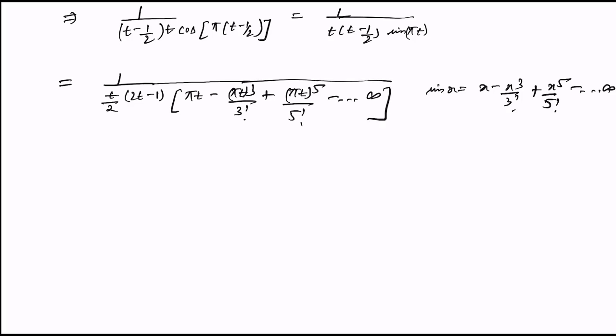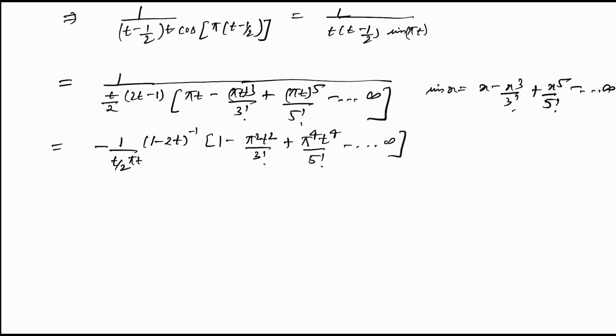Now we'll write it as minus 1 by t, with 1 minus 2t going up as an inverse, and similarly we take out pi t common, so it becomes 1 minus pi square t square upon 3 factorial plus pi to the 4 t to the 4 upon 5 factorial up to infinity.